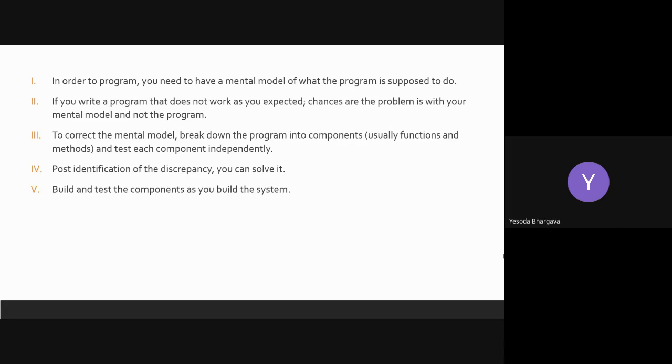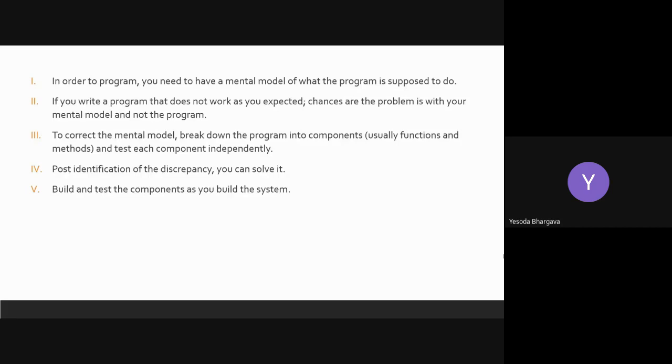So if you have written a program that does not work as you expect, and there are no runtime errors, you see semantic errors, then there is a chance that the problem is with how you have coded, or the thought process you deployed behind creating that particular solution. That is where the error really lies.